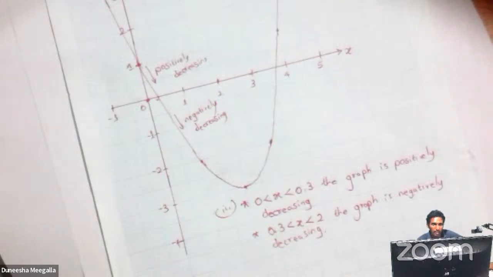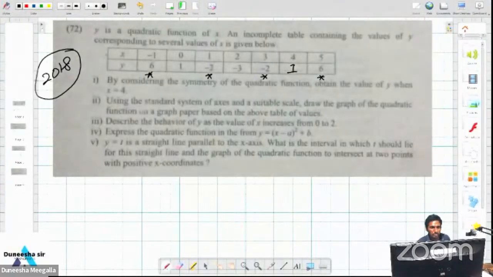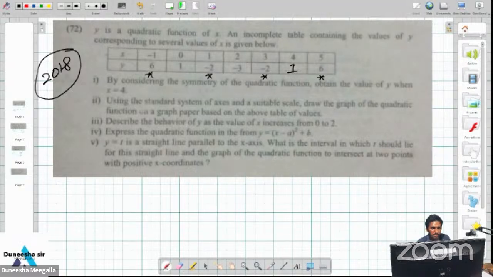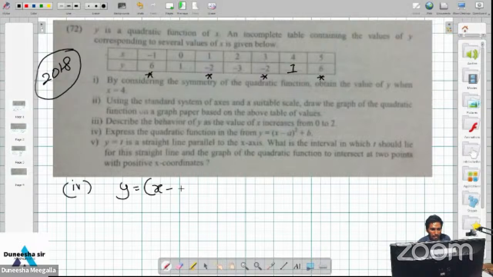Let's see. Now I am again going to the question. The fourth one is express the quadratic function in the form y equals (x minus a) squared plus b.